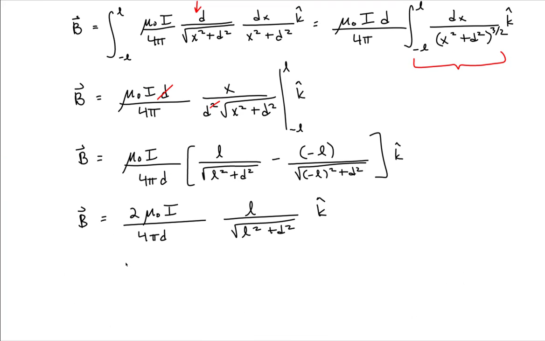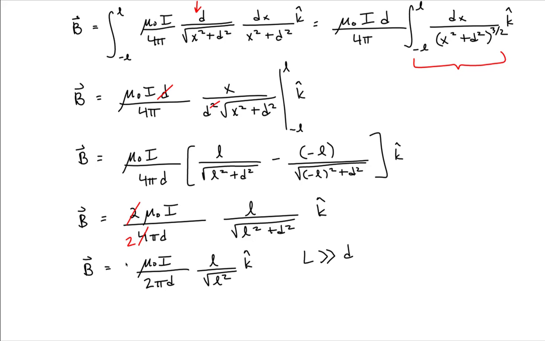With that said, since we're assuming this is an infinitely long wire, we could say that the magnetic field is mu naught I over 2 pi d, where I recognize that the 2 in the numerator gets rid of a 2 in the denominator, and this is L over the square root of L squared. Now, the reason why I don't have the d squared in the denominator is because, remember, we're saying L is much, much greater than d.